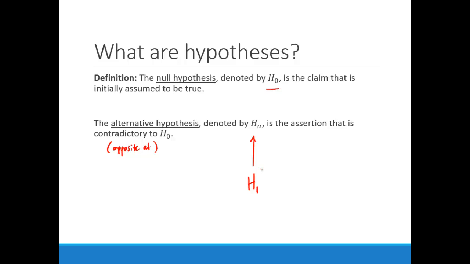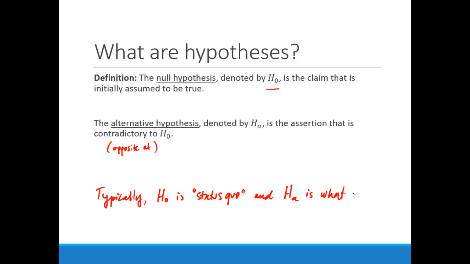And so we can say one more thing here. In general, typically, the null hypothesis is the status quo. And then the alternative hypothesis is usually what you're hoping to show is true.